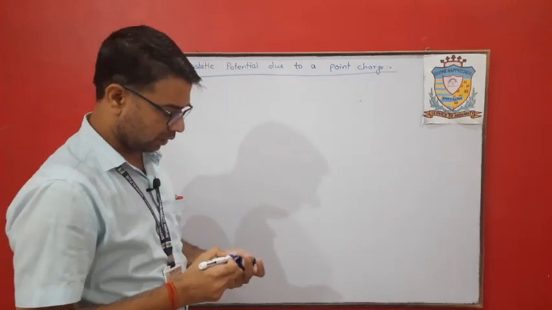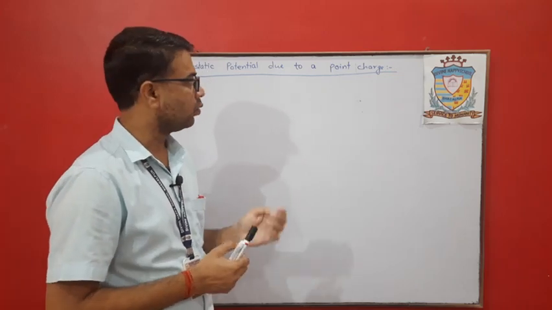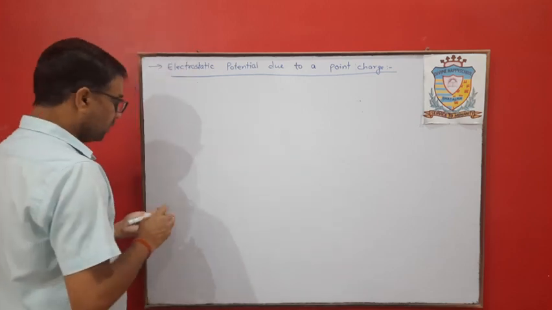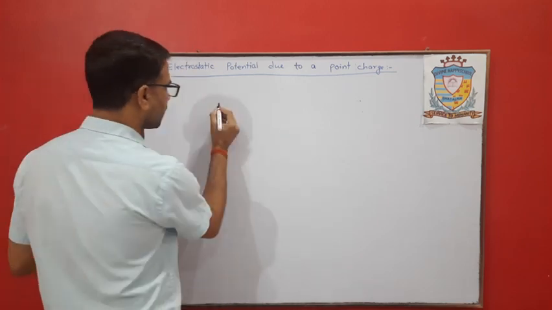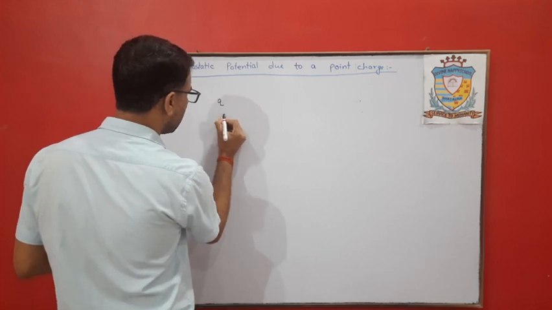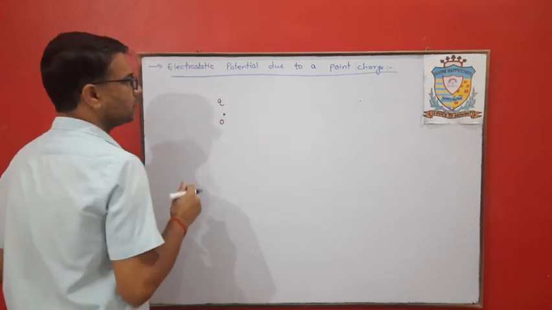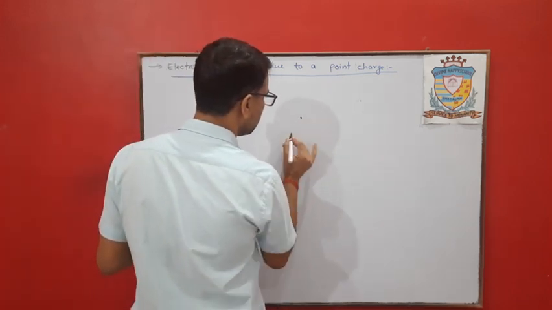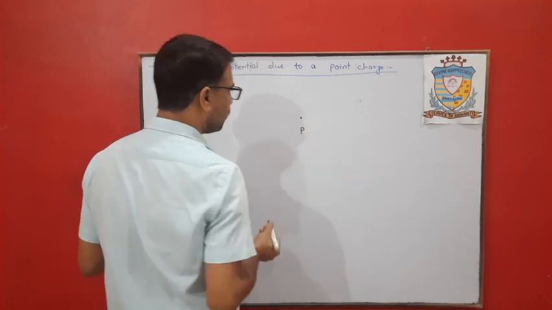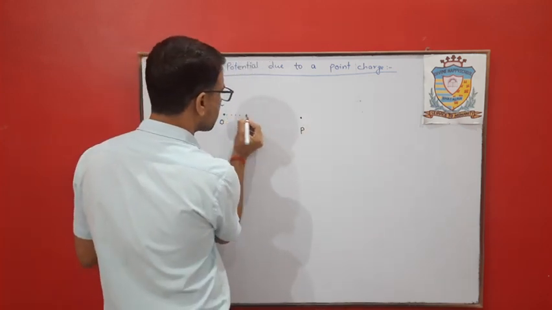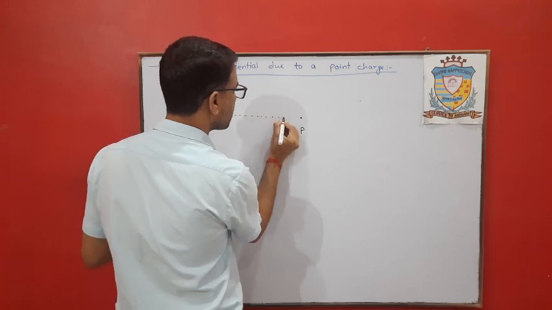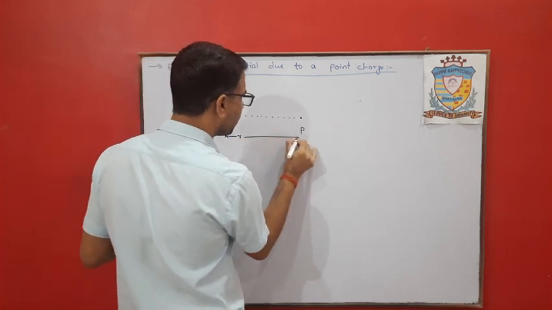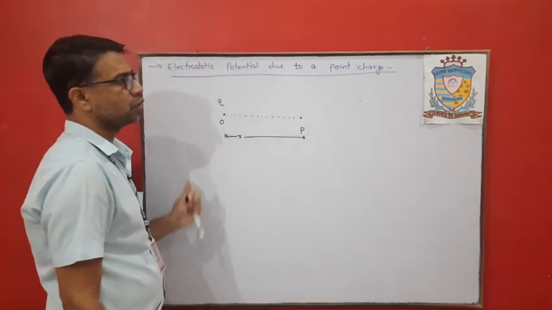As we know, here we have to take two charges, one as a source charge and another as a test charge. Suppose a source charge Q is kept at a point O and we have to calculate the electric potential at point P, which is at a distance of r from the source charge.